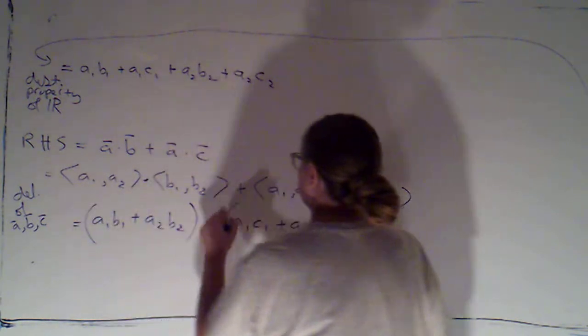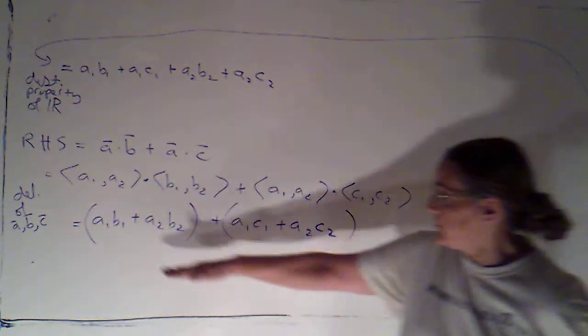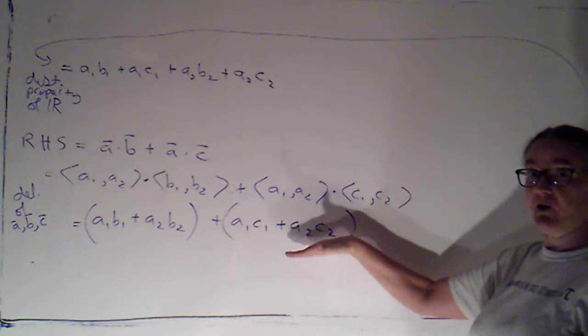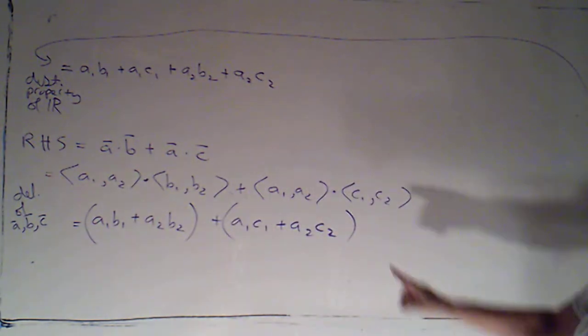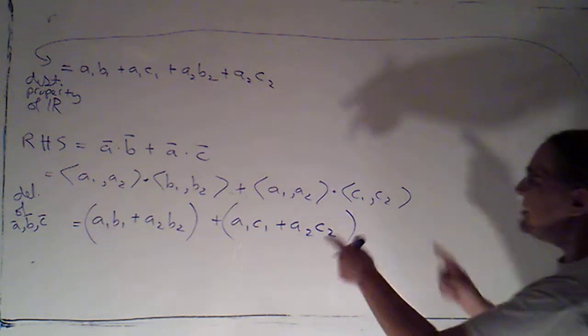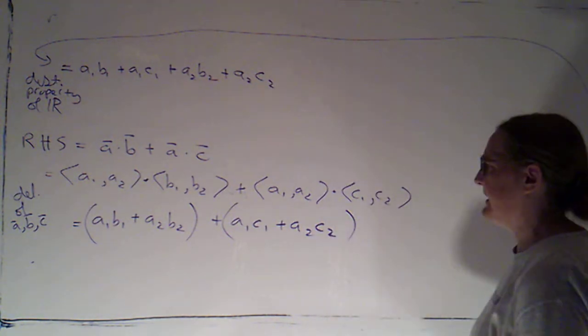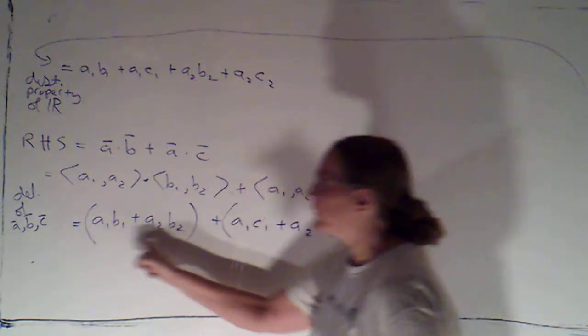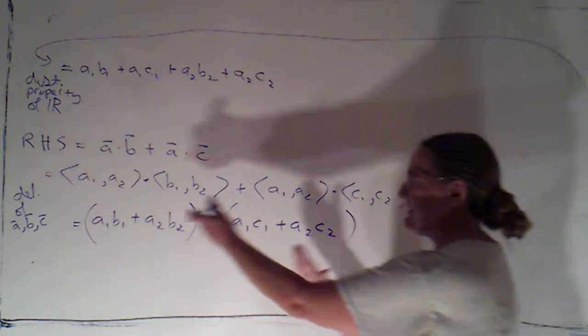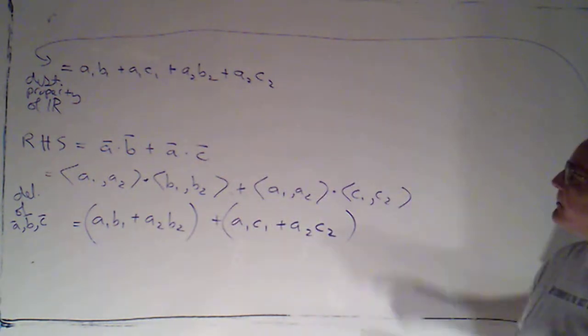Now, really, these are in groups. That's this dot product, that's this dot product. Now, if I compare this to what I have, it looks like I've got the same terms, but they're grouped a little bit differently. These are just real numbers, so I know that the grouping isn't important here.